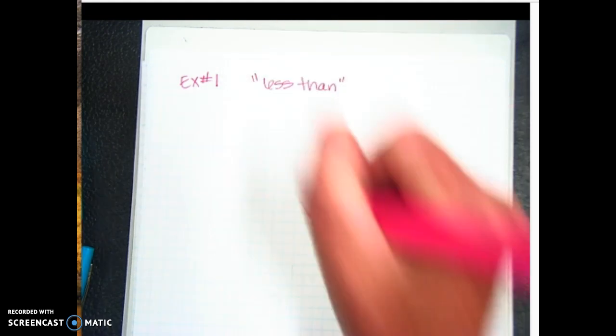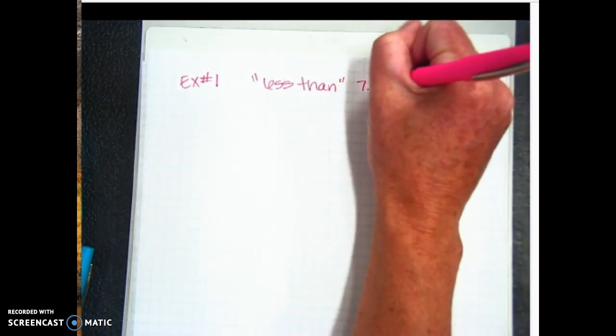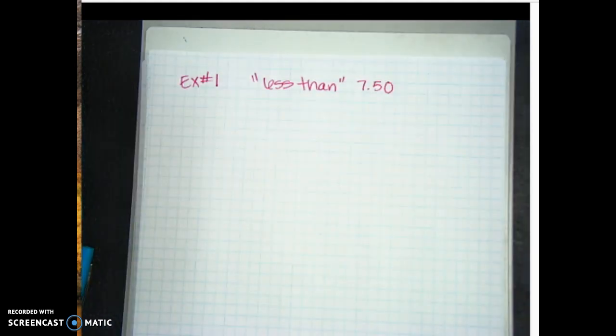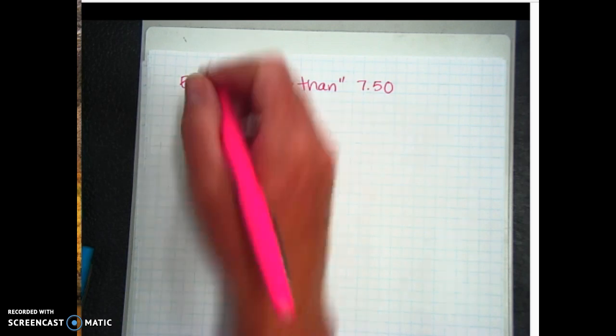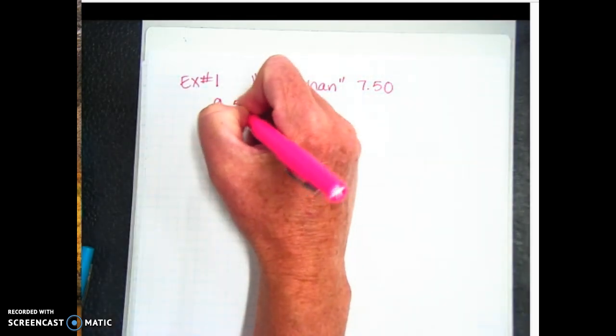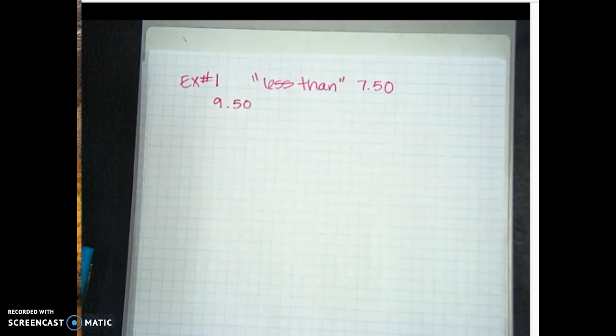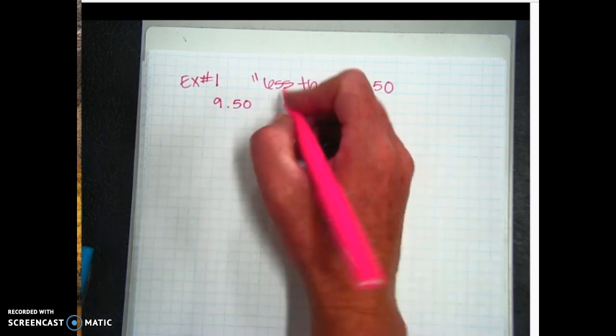You want to be less than $7.50, okay? But we start out at $9.50. So you don't mind paying $9.50, but it would be nice if you paid less, right? So you start out at $9.50.